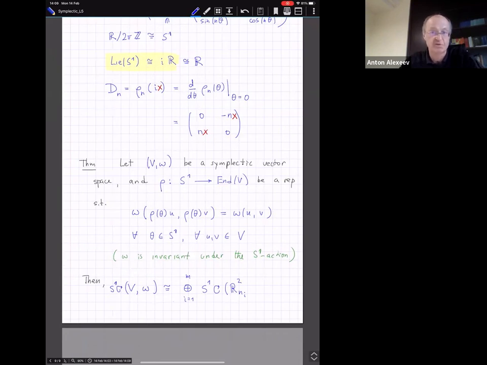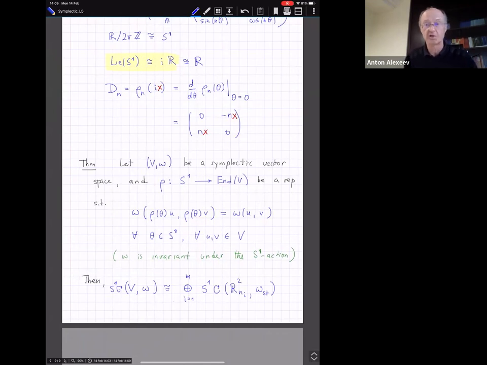Remember, we had this classification of representations, which was clear to you. And on R2, as a vector space, there is not a big choice of symplectic structures. So there is essentially only one.